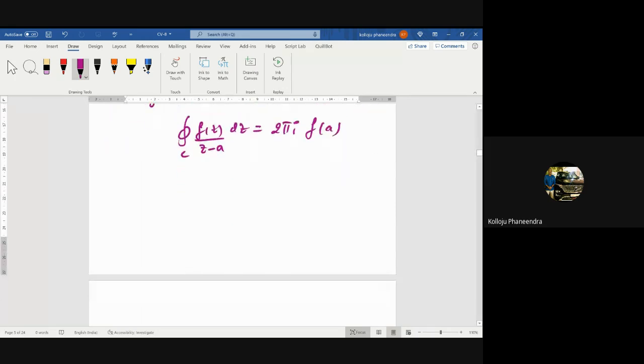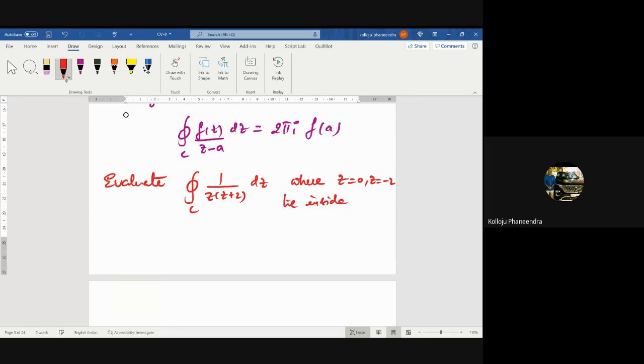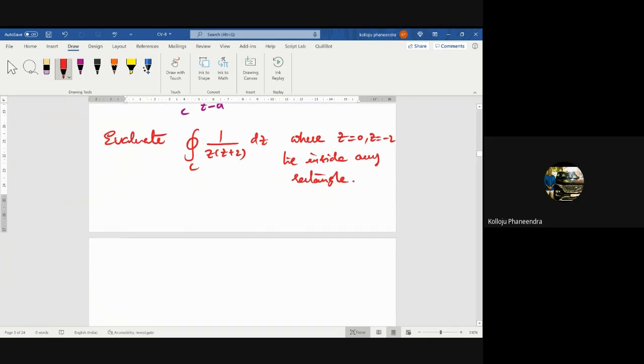Now, what is this problem? If the question is to evaluate, I will write: evaluate integral over C of 1 by z into z plus 2 dz, where z equal to 0 and z equal to minus 2 lie inside a rectangle. So how do we solve it using the Cauchy integral formula?